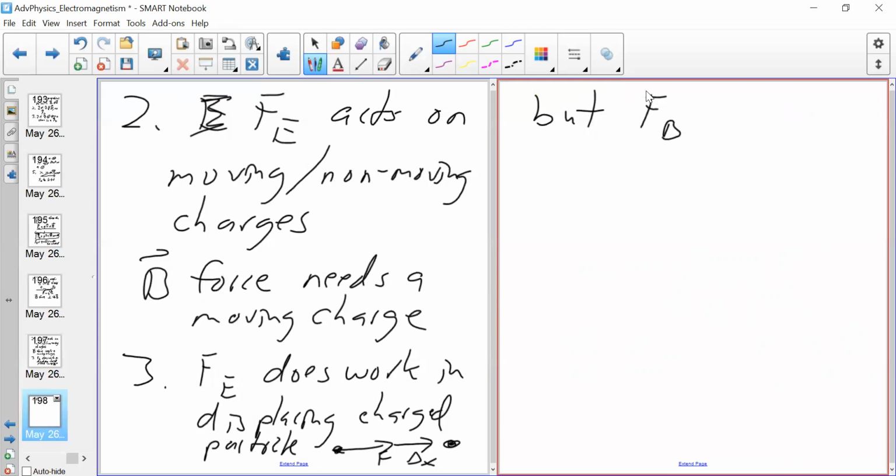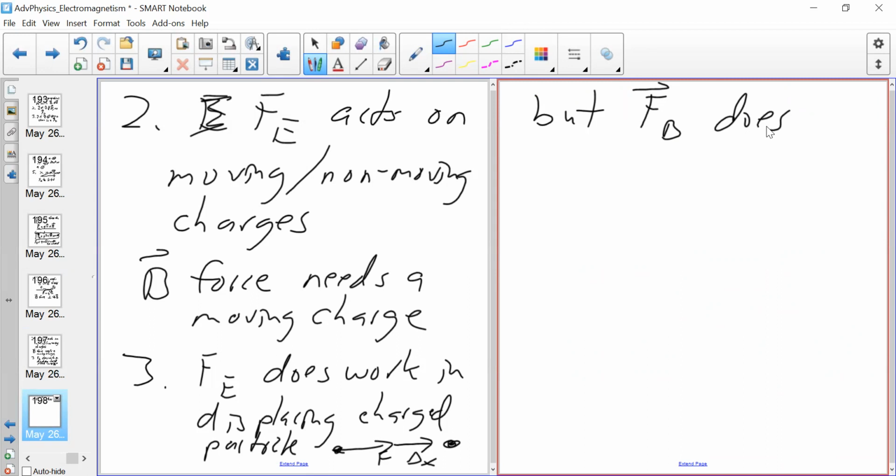But the magnetic force does no work on the charge because the magnetic force is not in the same plane as the velocity, or the displacement, because the displacement vector will be in the same axis as the velocity vector.